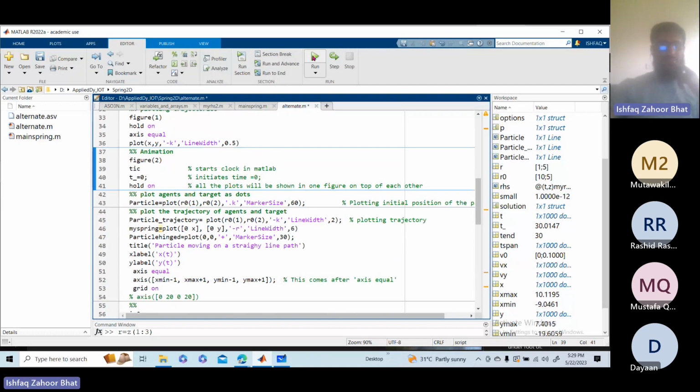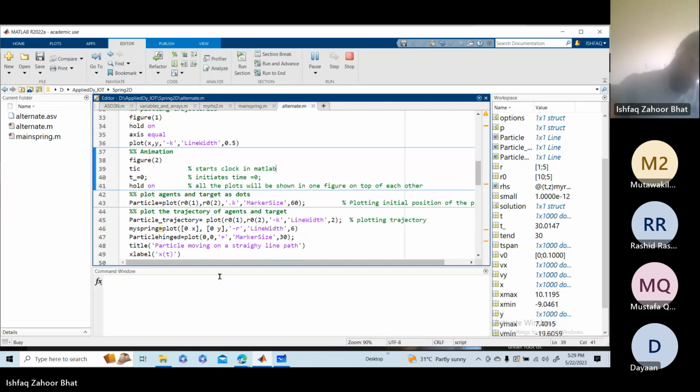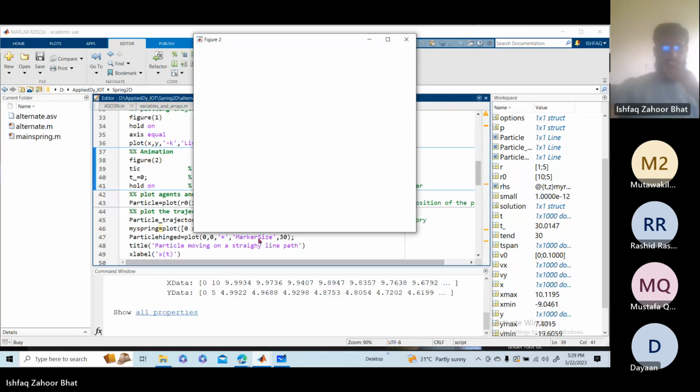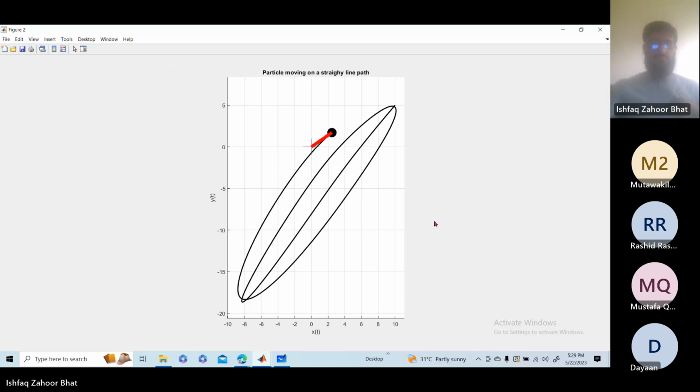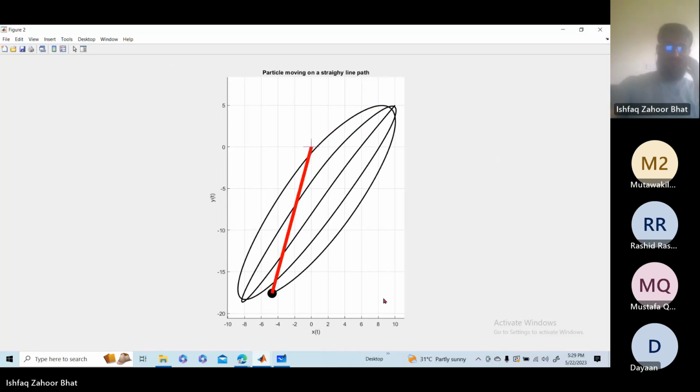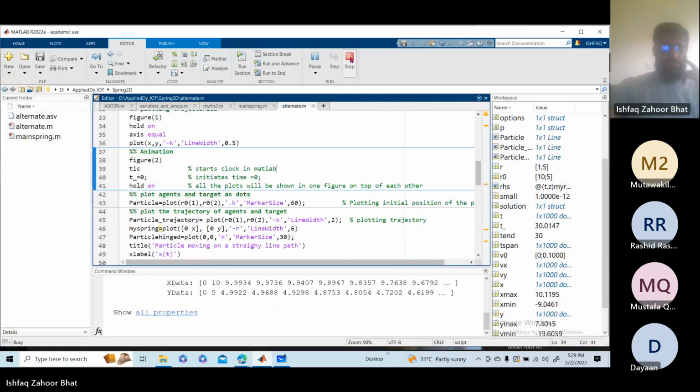So let's run this and see if it works well. Okay, so I think it is running well.